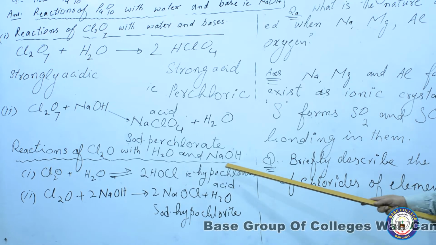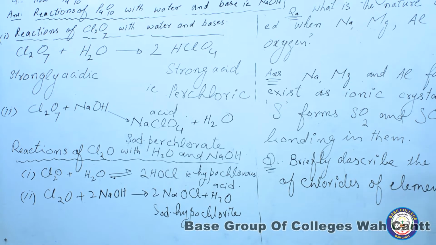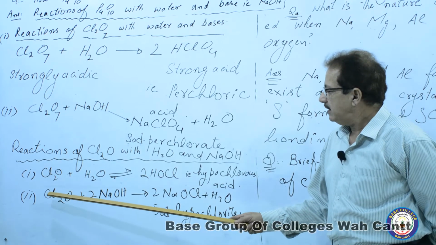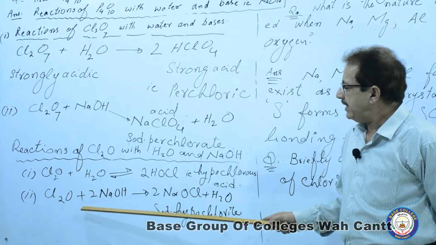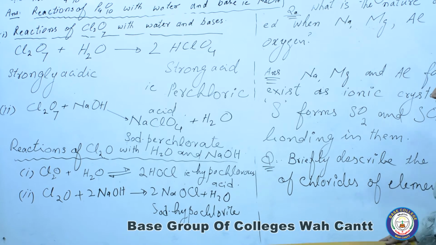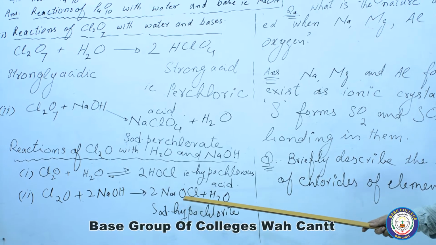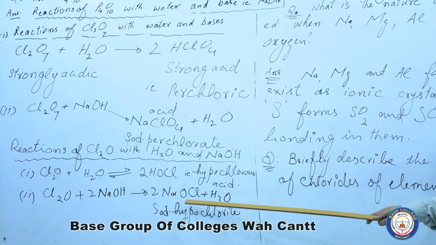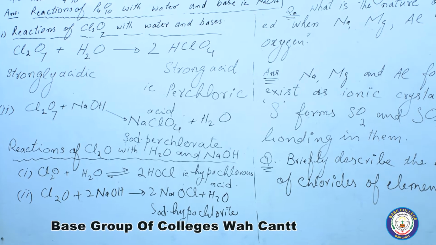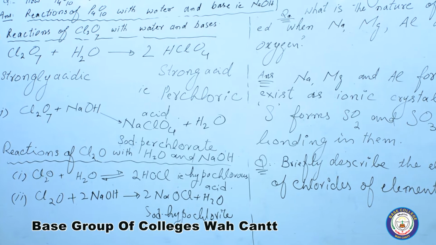That is hypochlorous acid. Now Cl2O reacts with the base NaOH to produce sodium hypochlorite, NaOCl, along with the water.